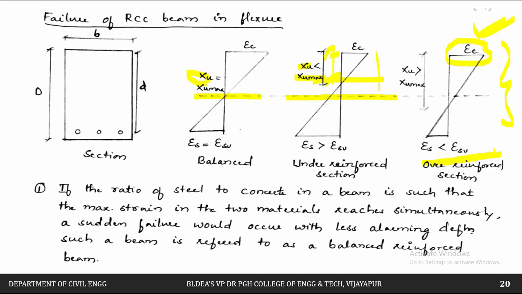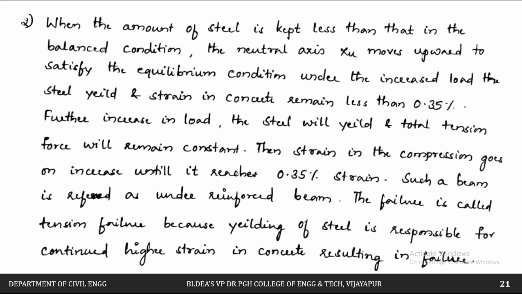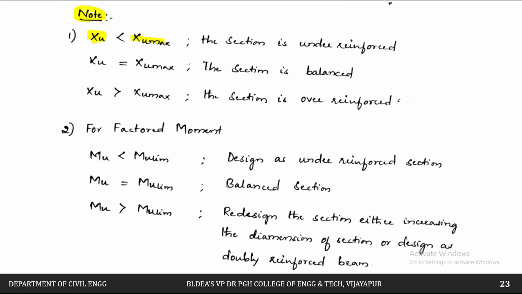If this value XU is less than XU max, this type of failure we can call an under reinforced section.